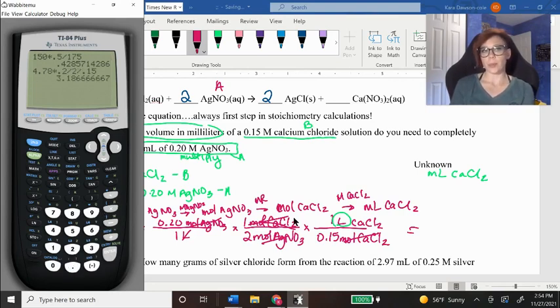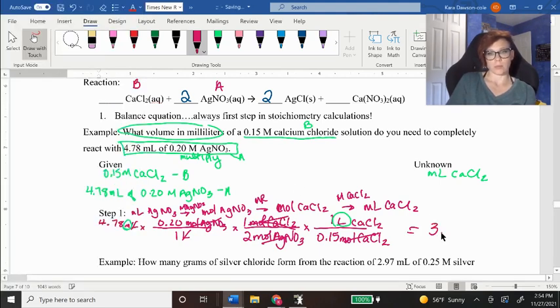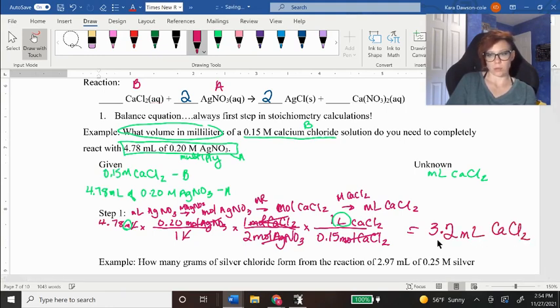That gives me 3.18, or 3.2, because this is 2 sig figs, and then 3 sig figs. So I'm going to do 2 sig figs in my answer. So 3.2 milliliters of CaCl2. That's my answer.